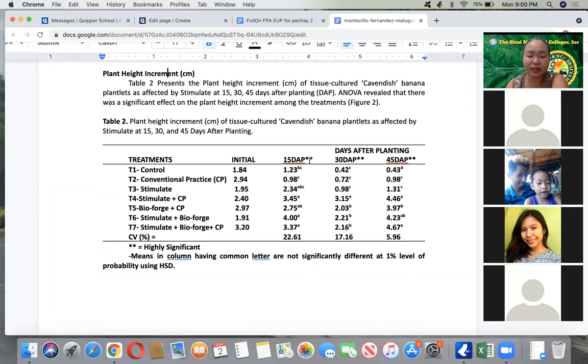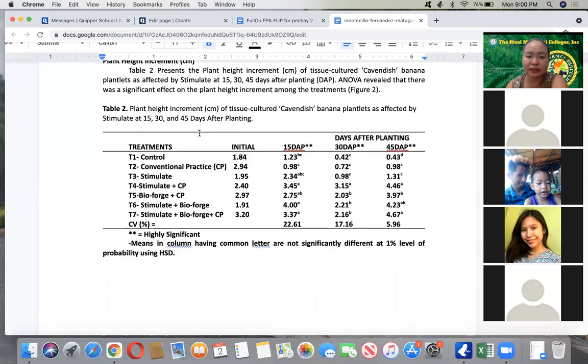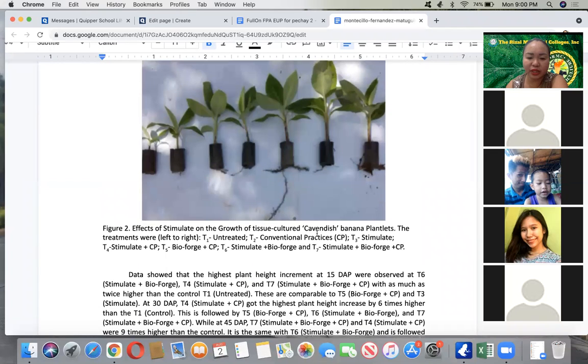So as you can see here, these are highly significant, and the letter notations, you have seen the letter A's. So we have T4, 5, 6, and at 30 days after planting, we have T4 again, but comparable to T6 and 7. So basically the presentation of the table is the same, also with figures.